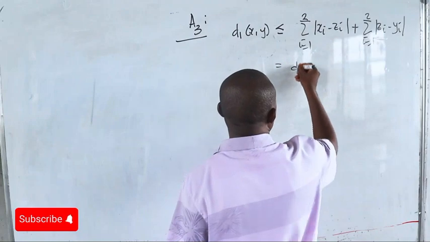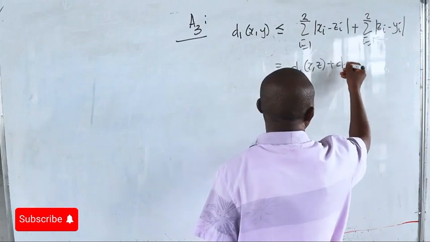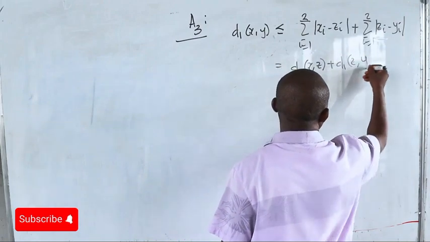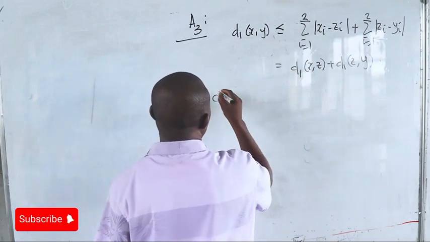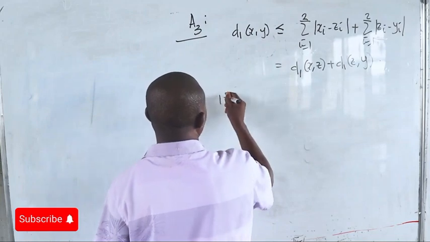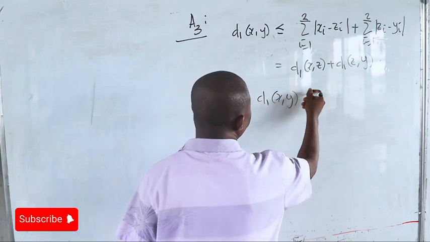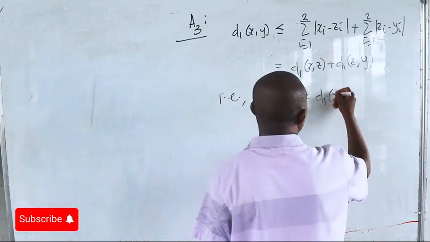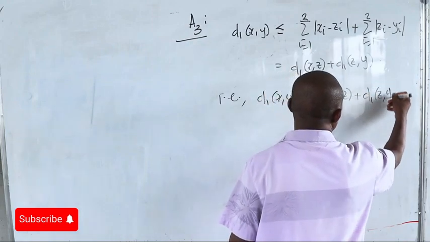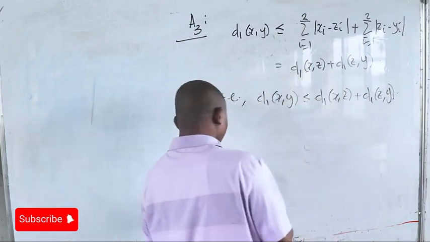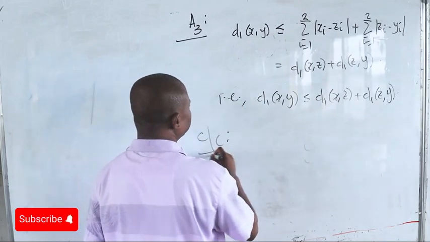This is nothing but d1 of x comma z plus d1 of z comma y. And that's what we need. That is, d1 of x comma y is less than or equal to d1 of x comma z plus d1 of z comma y.